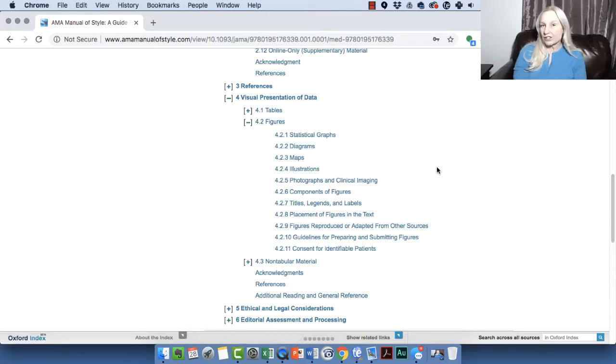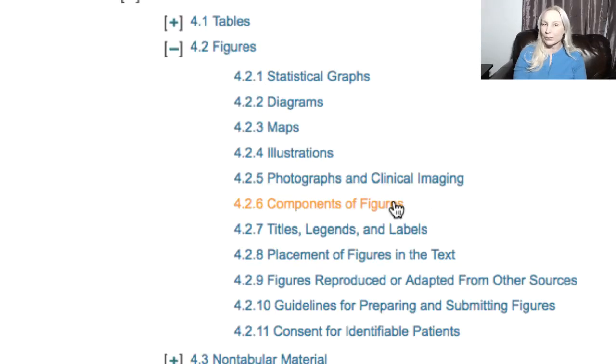The first few sections drill quite deeply into the various types of graphs, diagrams, maps, and illustrations, and it's definitely worth checking this out if you're interested. But in this discussion, I'll focus in on the components of figures, which is section 4.2.6, and also the title, legends, and labels section, which is 4.2.7.